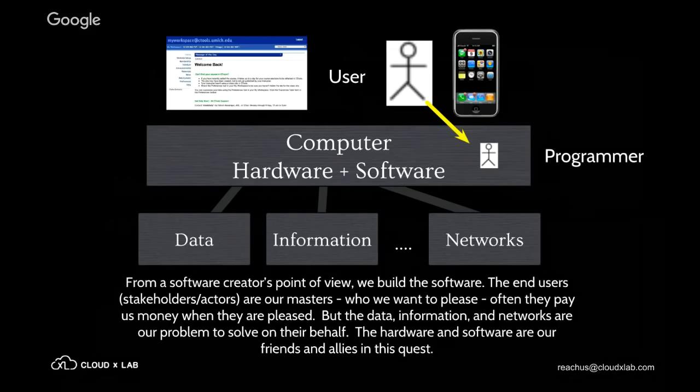From a software creator's point of view, the programmers build the software. The end users are our masters. This is something important: whenever you are building something, keep in mind the end user. We try to anticipate their need, we try to solve their problems, and so on.